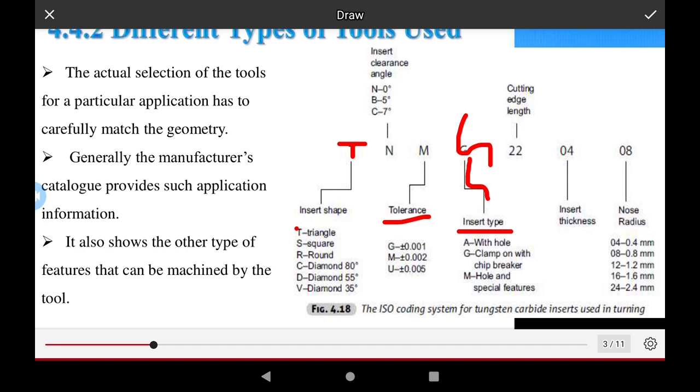Okay, I provided to the cut of the length, and 0.04 insert the thickness of the workpiece, and the 8 radius is also provided to the 0.4 mm, and the provided to the nose radius 0.8 to 0.8 mm, and 12 to 1.5 mm, and 16 to 1.5 mm, and 24 is the given for the value of the 2.5 mm.